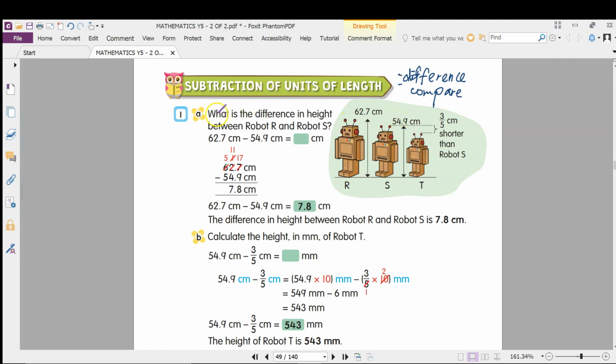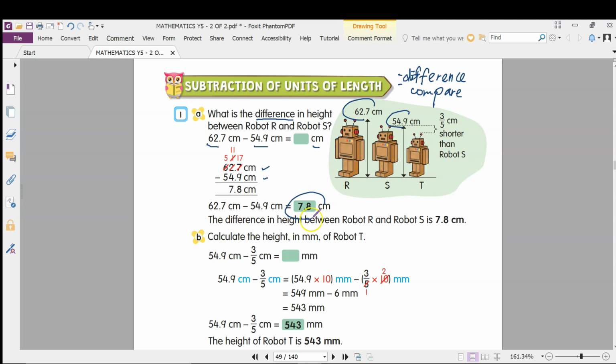So number 1, what's the difference in height between R and S? So R is 62.7, S is 54.9. So the bigger number minus the smaller number, unit all in cm, so you use minus, you get 7.8.